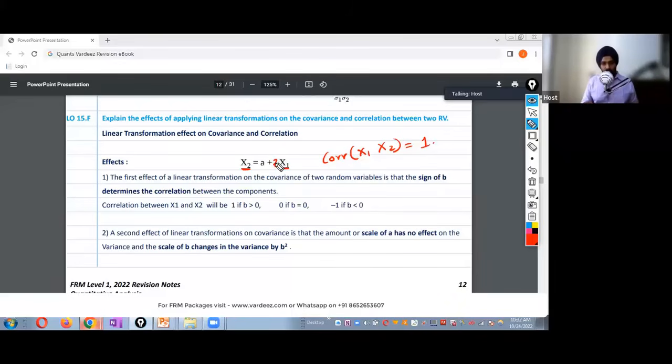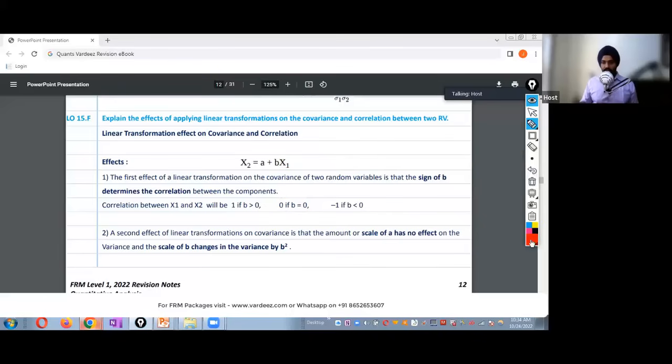So if B is 2, 3, 4, 5, 6, whatever it is, it's going to be 1. What if this B is 0? Then this entire thing is 0, so x2 will be equal to A. So x1 will have no effect, no correlation on x2. So the correlation will be 0 if B is 0.